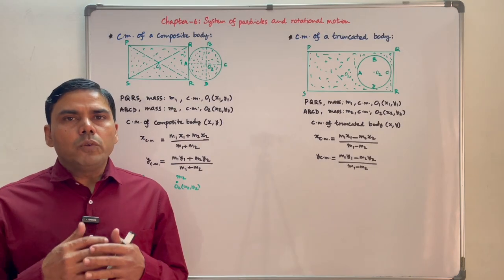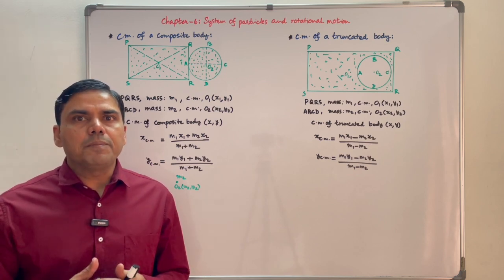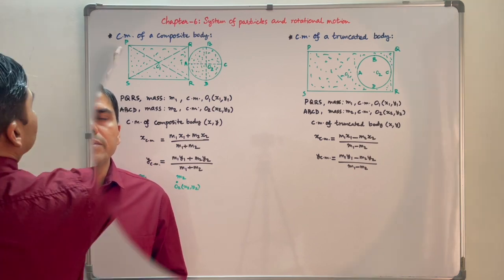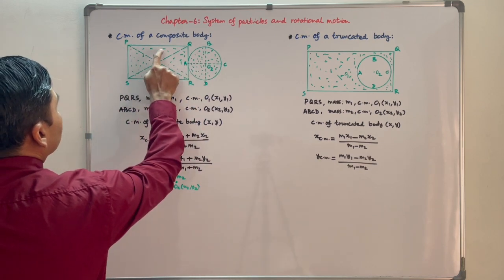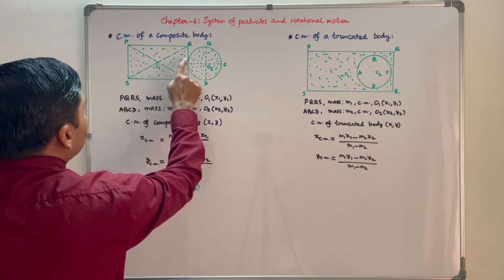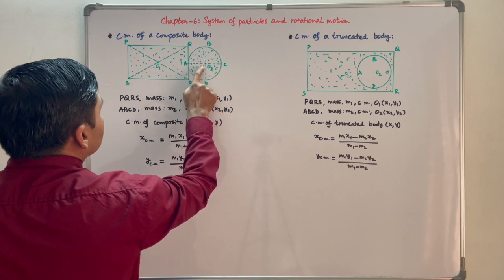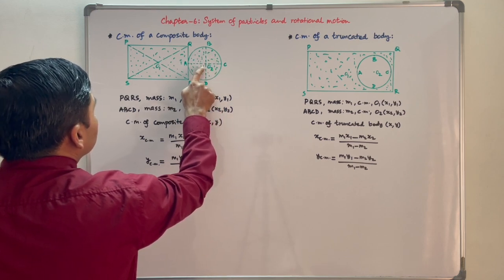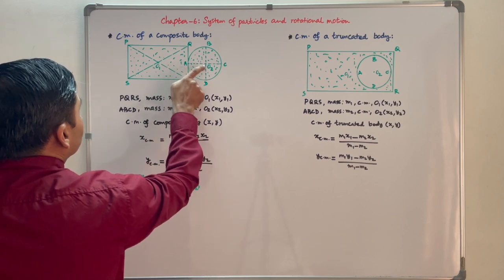Now let us see how to calculate center of mass of a composite body and center of mass of a truncated body. Suppose PQRS is a rectangular plate whose mass is m1 and center of mass is at O1. ABCD is a circular plate whose mass is m2 and center of mass is at O2. They are touching at A. We have to calculate their combined center of mass.